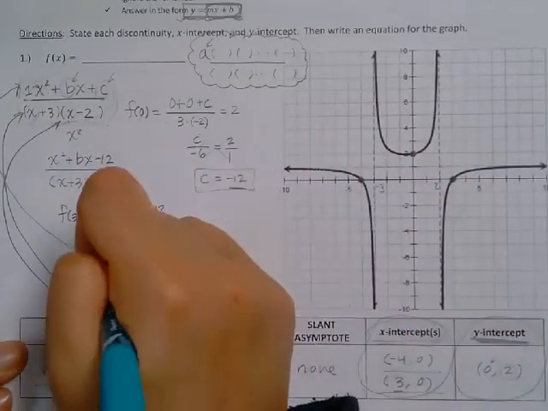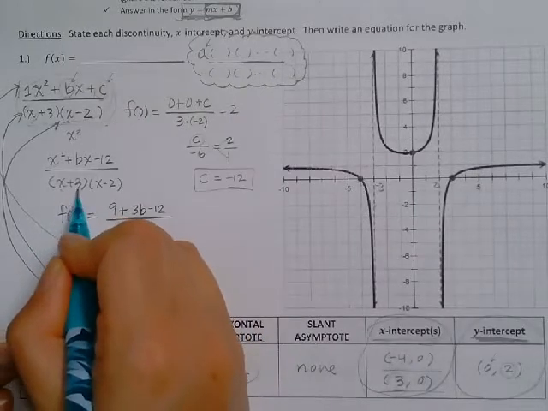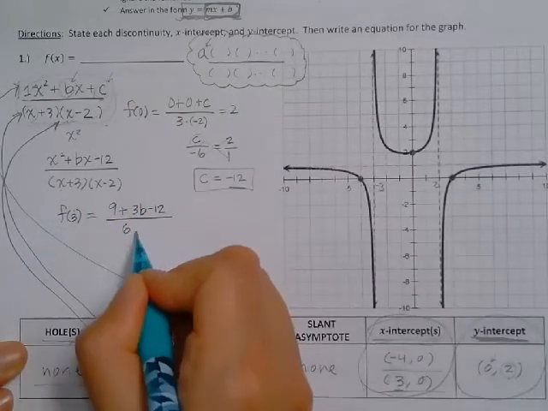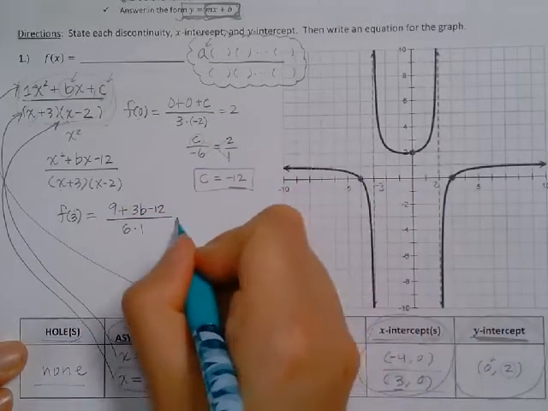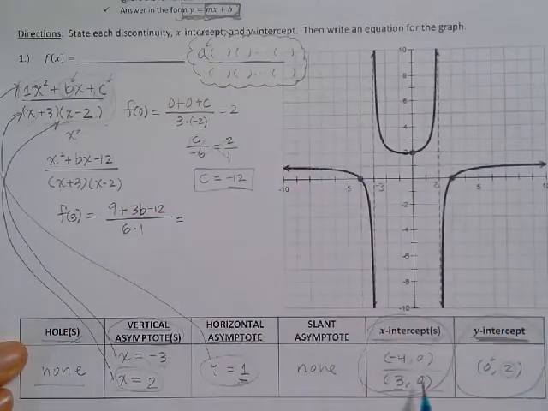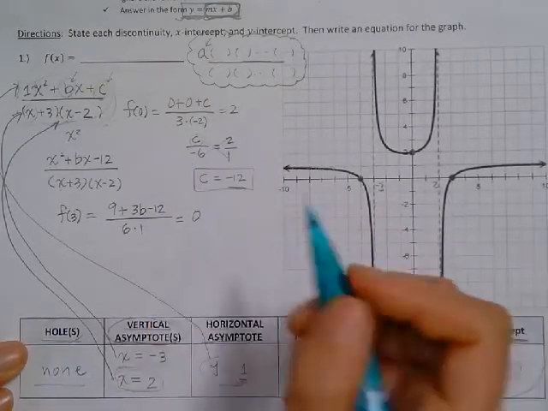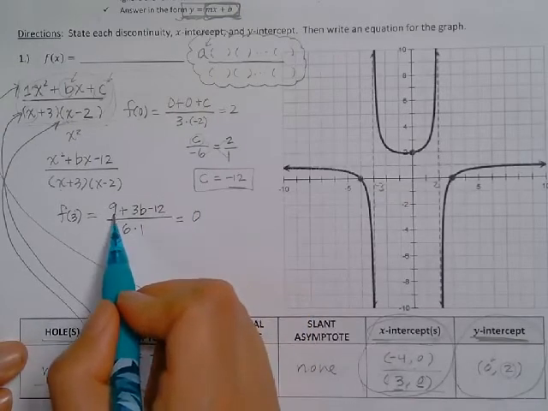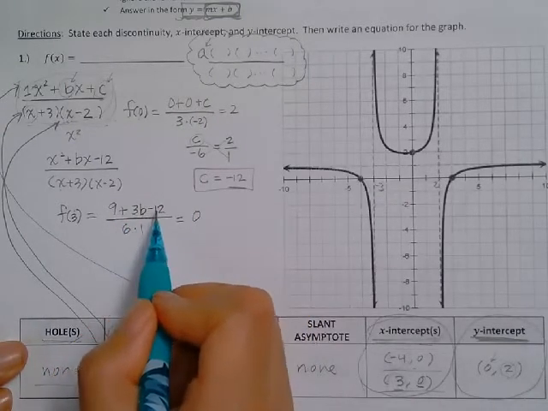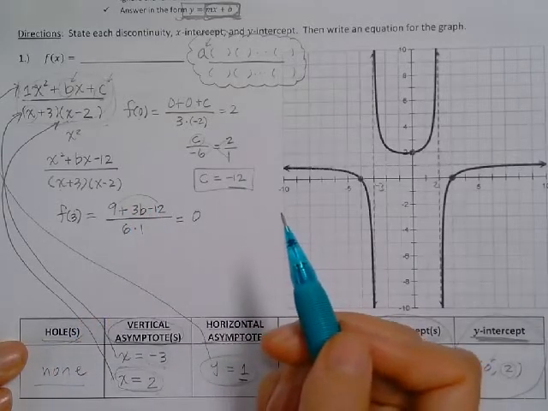Now 3 goes in here: 3 plus 3 is 6, times 3 minus 2, which is 1. And then it was supposed to equal 0. So let's simplify each side: 9 plus 3b minus 12. The like terms are 9 and negative 12.